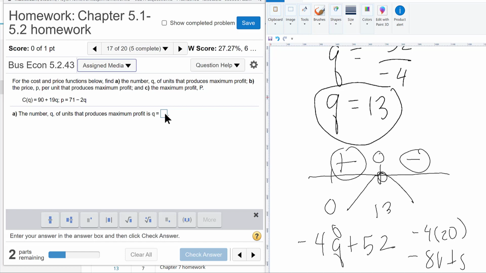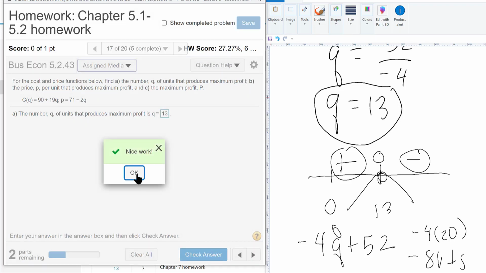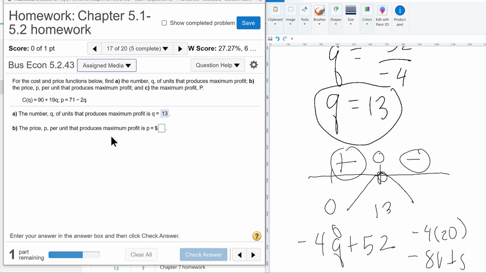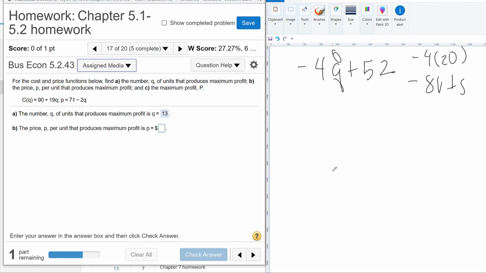So the number of units that produce the maximum is 13 units. Now let's make sure it's not in hundreds or something. It's not, so the answer is just 13. Now the price is what happens when you put 13 into the price formula.